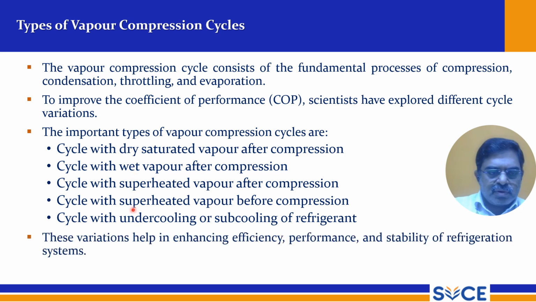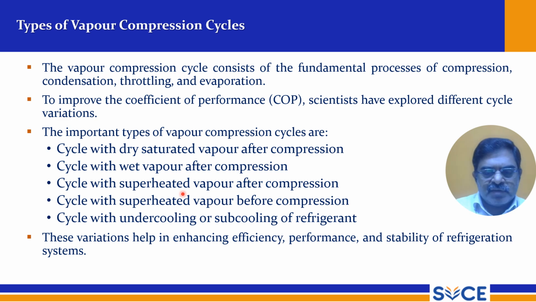These are the five types, and here you can see the parameter: the refrigerant is either made into dry saturated vapor, wet vapor, or superheated vapor before compression or after compression, and undercooling or subcooling of refrigerant. So these are the working parameters.